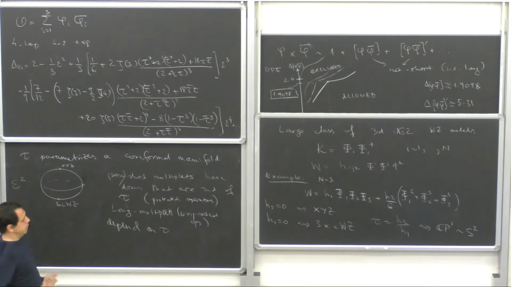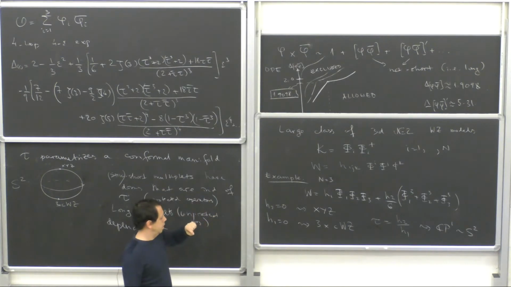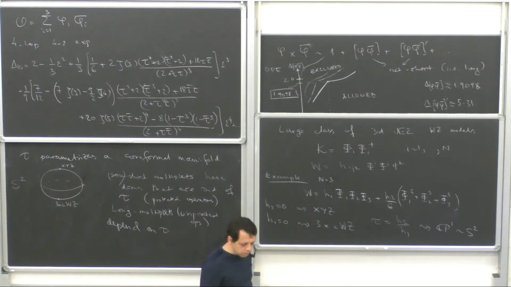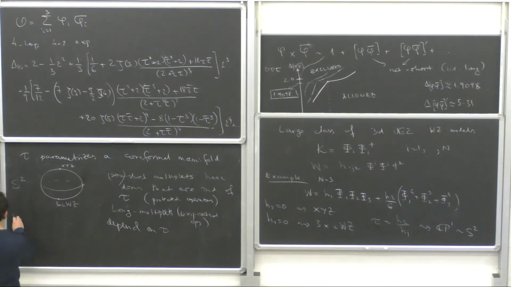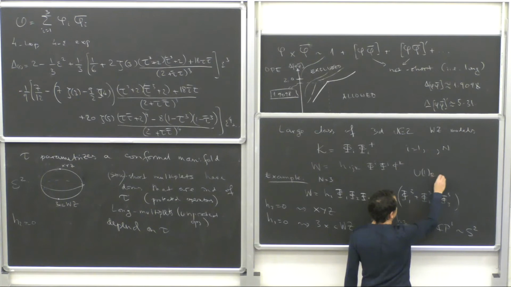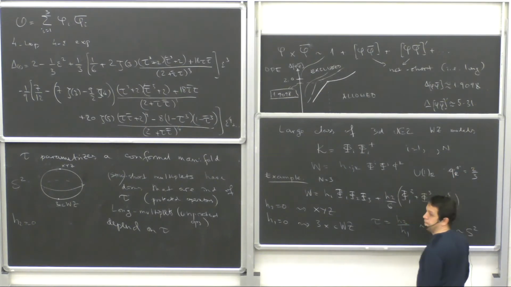The reason it happens is that for certain points on the sphere, you have enhancement of symmetry. So, just to be a little bit precise, if H2 is equal to 0, this model has U(1)_R symmetry where every field gets R charge 2/3.